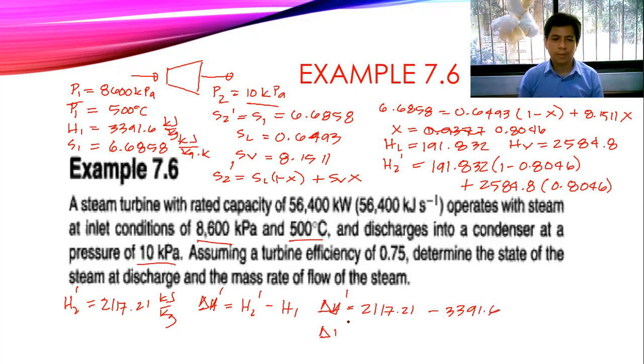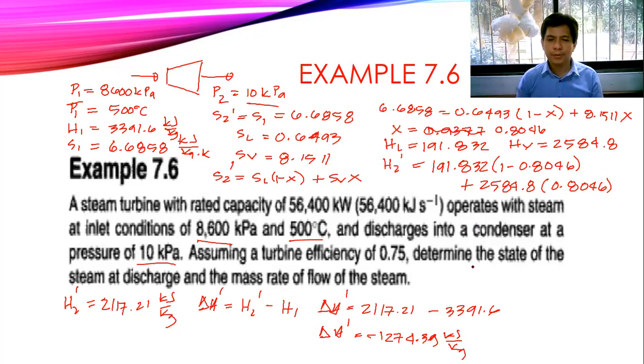So delta H prime, you're supposed to get something like 2117.21 minus 3391.6. You're supposed to get something like negative 1274.39. Of course, this is still in kilojoules per kilogram.